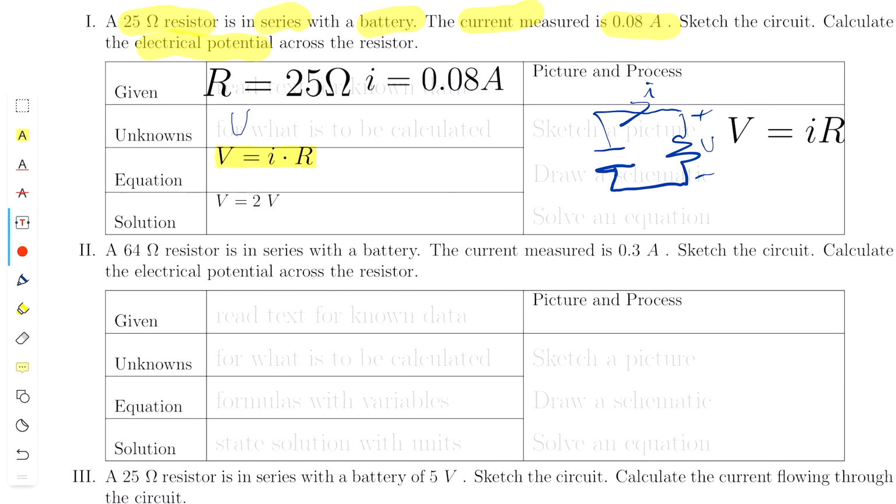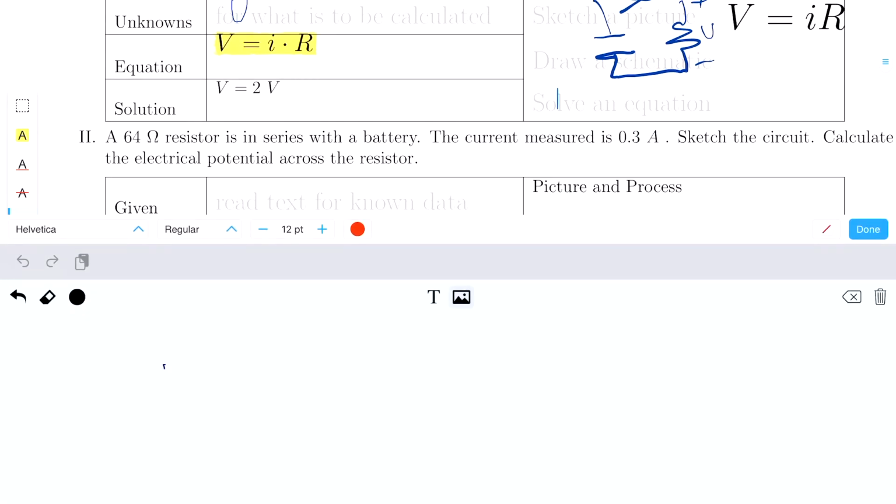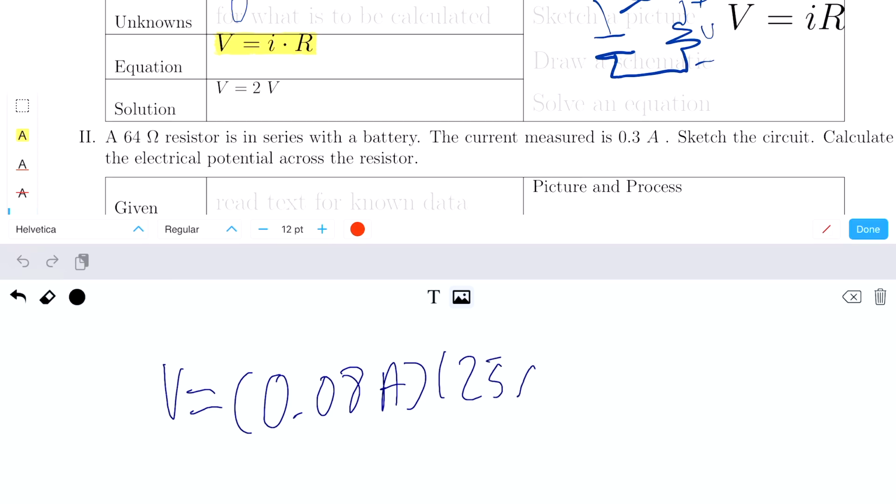So we know that V equals I, which is 0.08 amps, times R, which is 25 ohms.